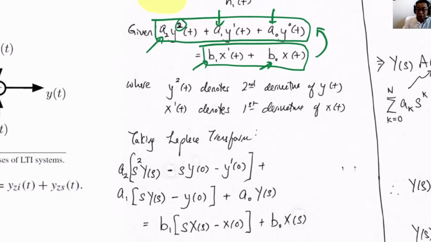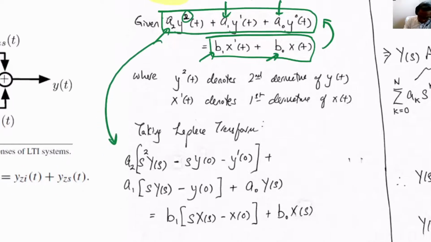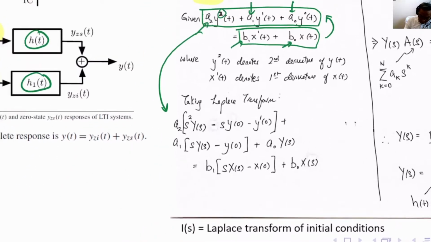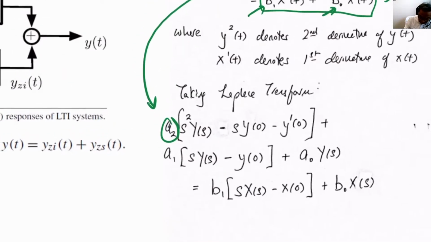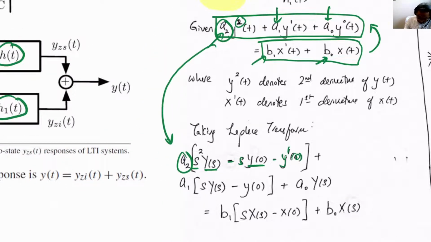To solve, once we are given a differential equation, we take the Laplace transform. So we have a2 times the Laplace of the second order derivative of y of t, which is s squared Y of s minus s y of 0 minus y prime of 0. The Laplace of a1 dy/dx becomes a1 times s Y of s minus y of 0.